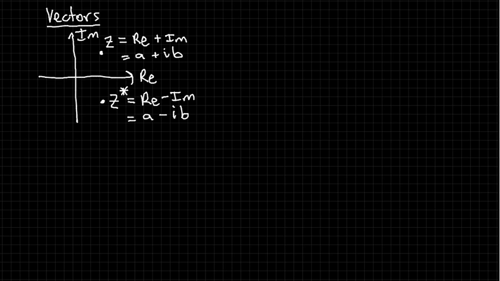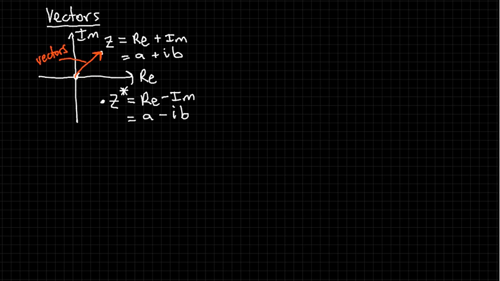But let's just think about this point z in a bit of a different sense. This point z, you can think about this as a vector, basically an arrow that goes from the center out to the point. Okay, and we call these arrows vectors, and there's a few things about vectors.